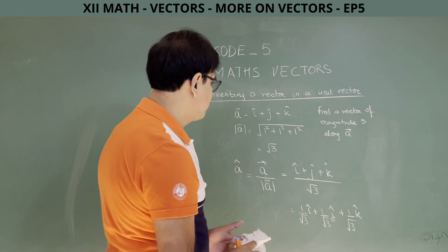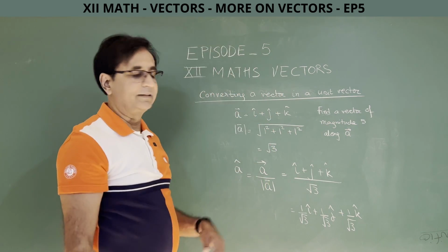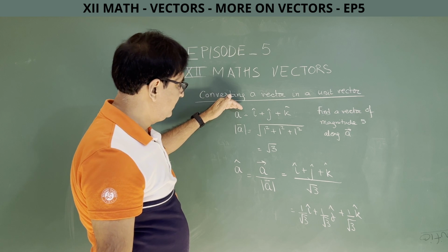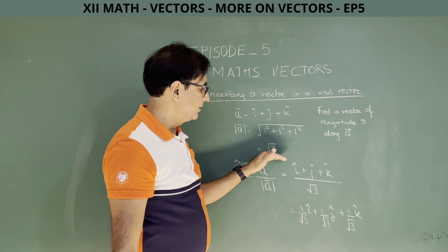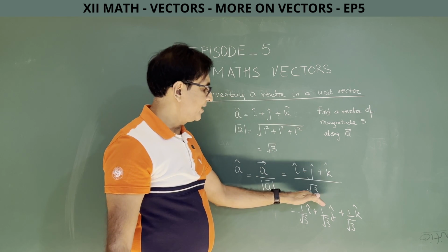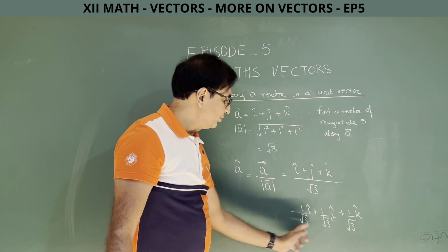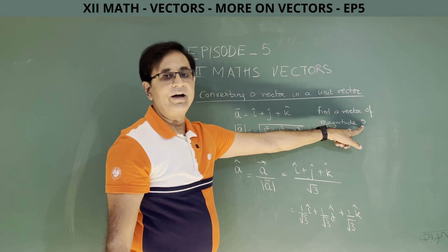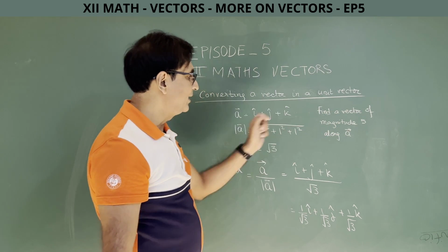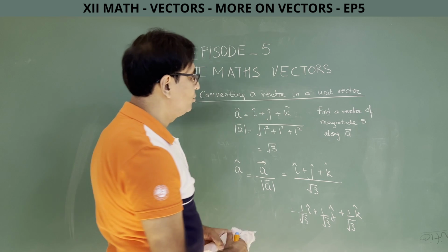So, how do you do that? It is like the unitary method. First, convert the given vector into a unit vector by dividing the vector by its own magnitude. Once you get a unit vector, multiply it by 5, a scalar multiple of a vector, and you will get the vector you want to find.